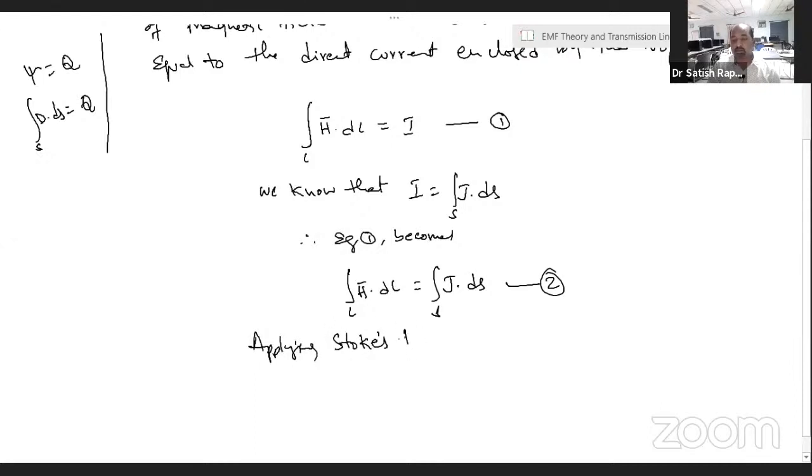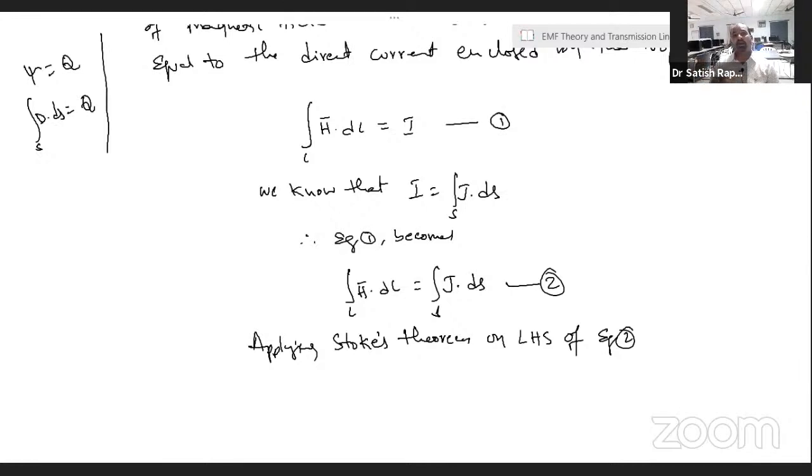Stokes theorem on the left hand side of equation 2. What is Stokes theorem? Stokes theorem gives the relationship between line integral and surface integral, so line integral can be converted into surface integral, or vice versa. And divergence theorem is the relationship between surface integral and volume integral.